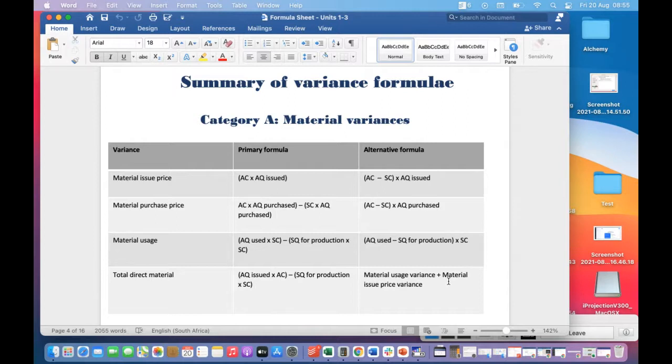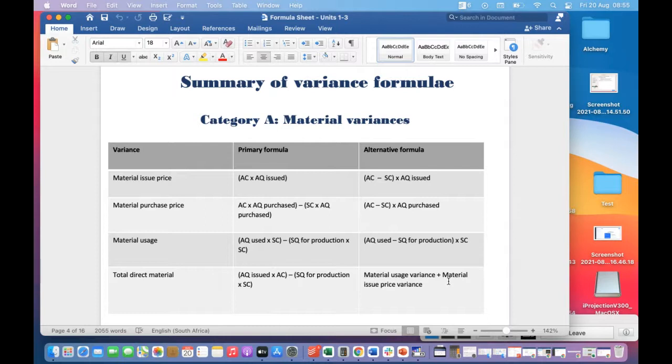Allowed and used. So we can say we've given you 10,000 worth of units to use, but you only use 8,000. That's how much you use, but you've been allowed 10,000.